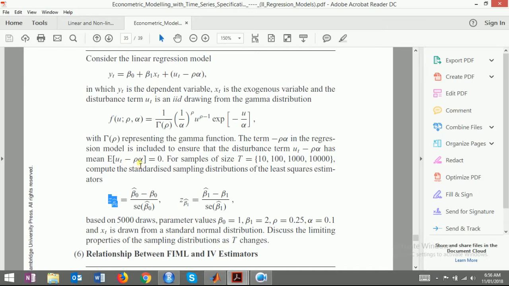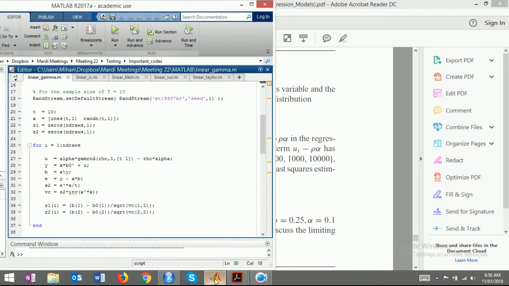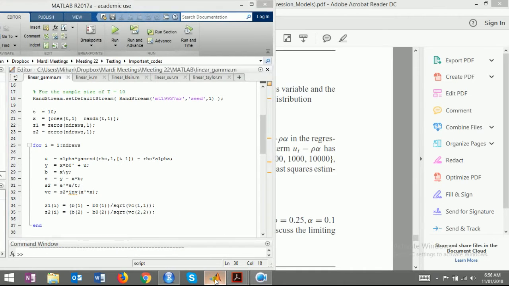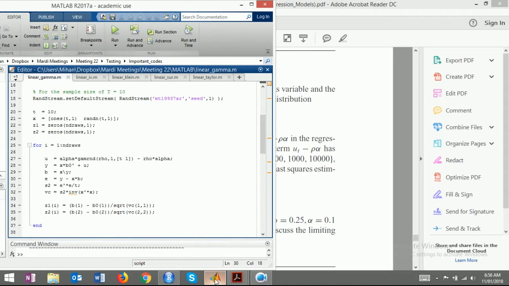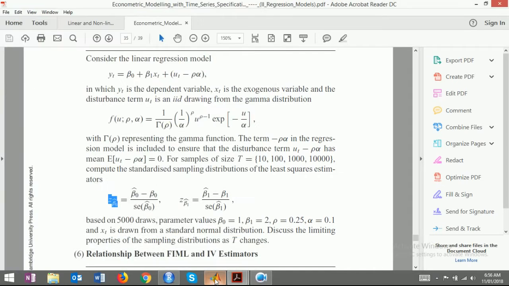So u_t equals first alpha into rho, isn't it? First alpha into gamma random distribution, rho gamma random, minus rho into alpha, without the distribution, with the given value.